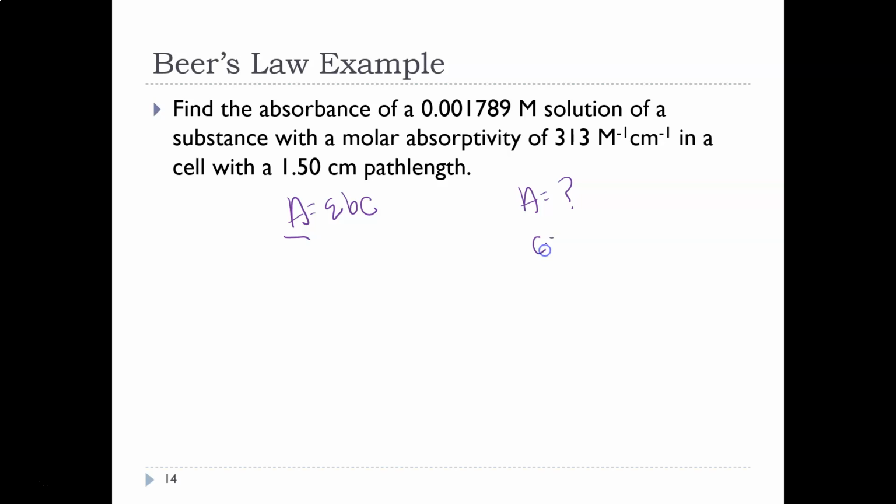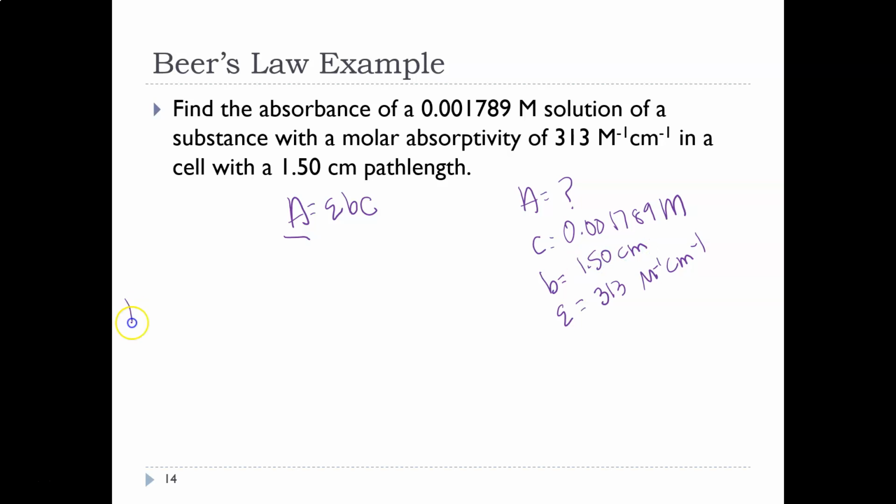Well, hey, molarity is a concentration. Remember, the concentration does not have to be molarity. It could be any value that's a concentration unit of some kind. Of a solution of a substance with a molar absorptivity, that's that constant, of 303 inverse molarity inverse centimeters in a cell with a 1.50 centimeter path length.